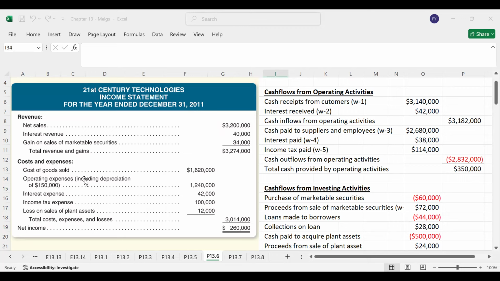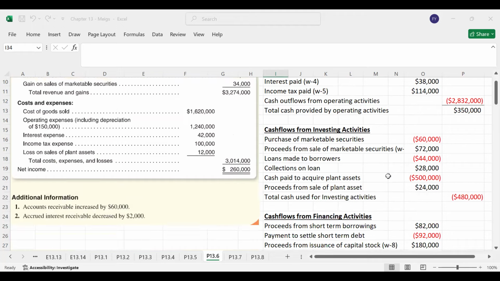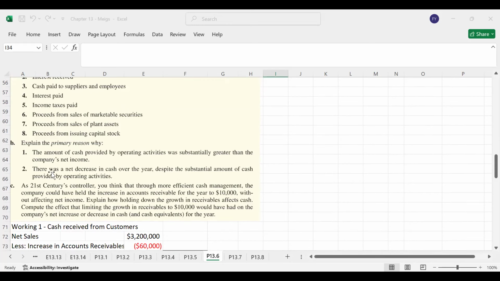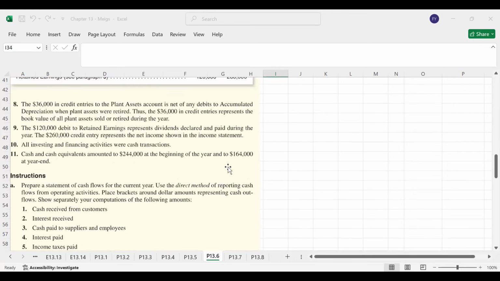This is a non-cash expenditure which has been deducted from the revenue to arrive at the net income, whereas we have added back this depreciation. So the main reason is the depreciation, which reduces profit but does not affect the cash flows from operating activities. The second is to explain why there was a net decrease in cash over the year, despite the substantial amount of cash provided by operating activities.